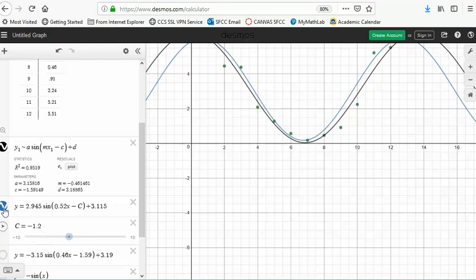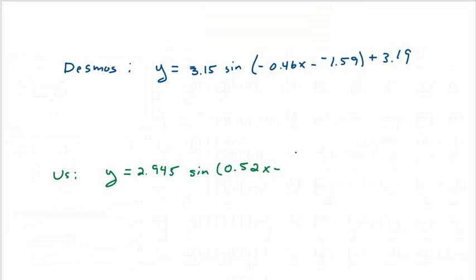Looked like a pretty good shift. Plus 3.115.